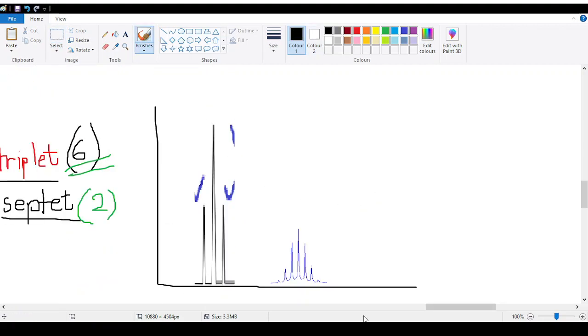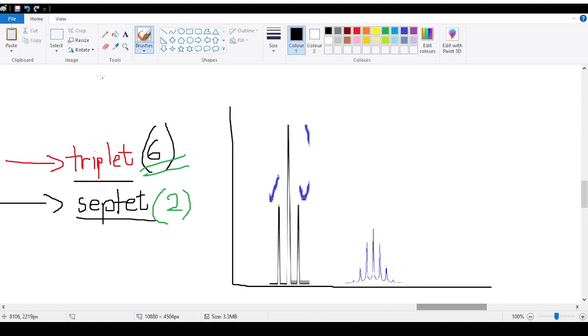And what was the ratio? If you look at the numbers, the ratio is 6:2. Do you see here? So triplet to septet is 6:2. Do you notice that? So the ratio of their heights will be 6:2.